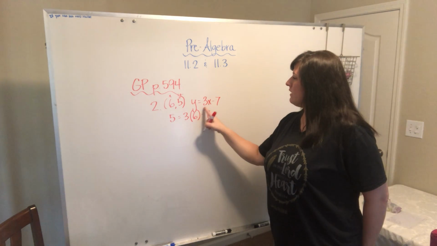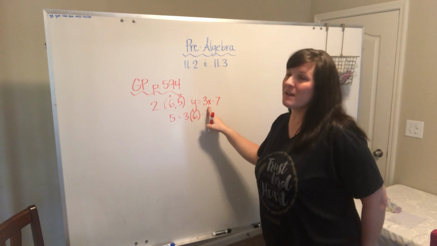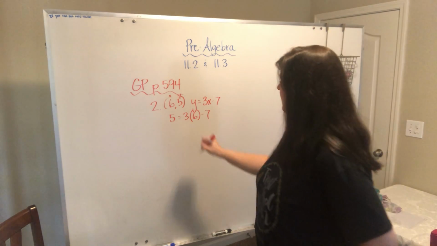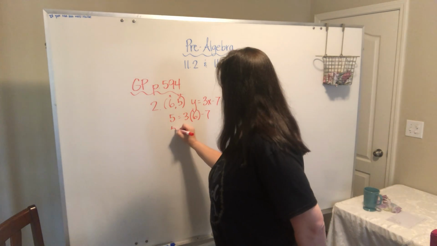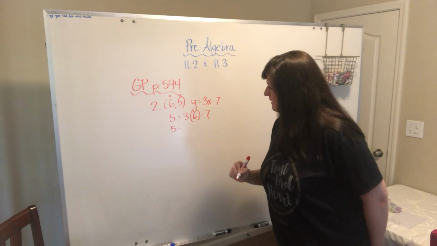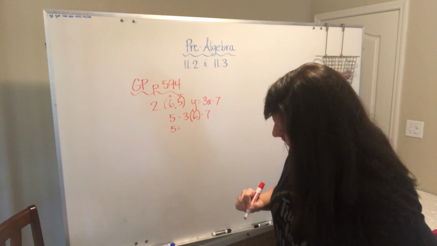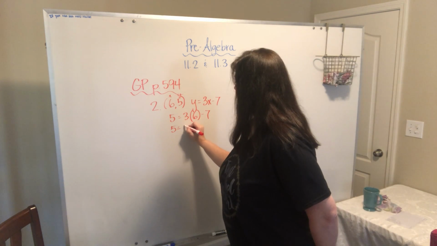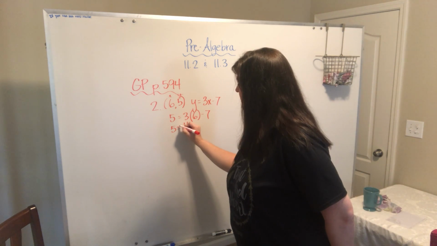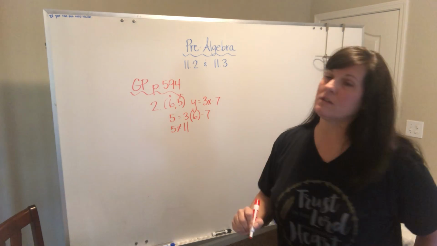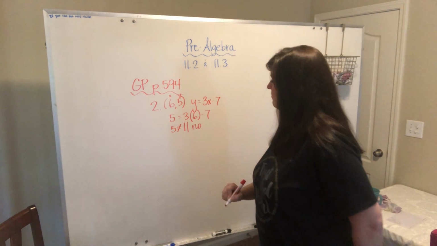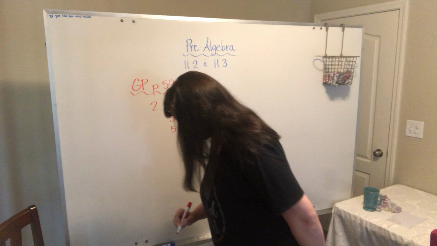Always remember, you don't just put a 6 here making that 36. The 3x means you multiply. So 5 equals 18 minus 7. 6 times 3 is 18. 18 minus 7 is 11. Is that true? Well, no, that's not true.